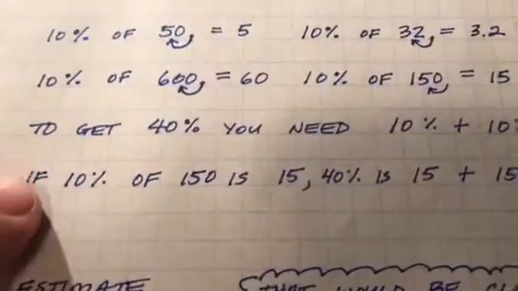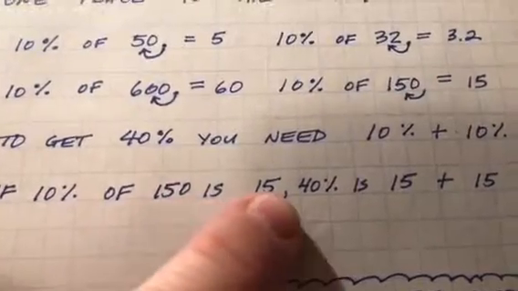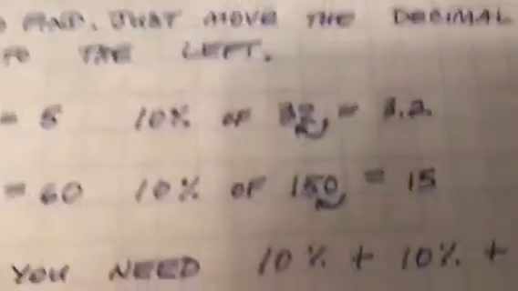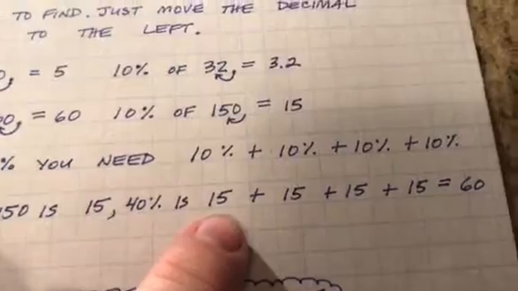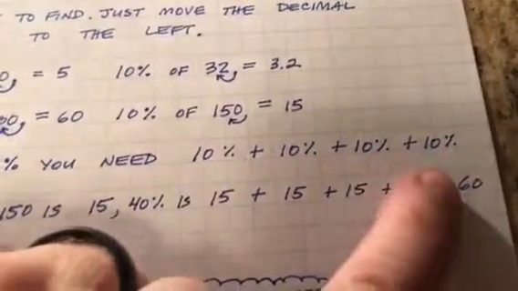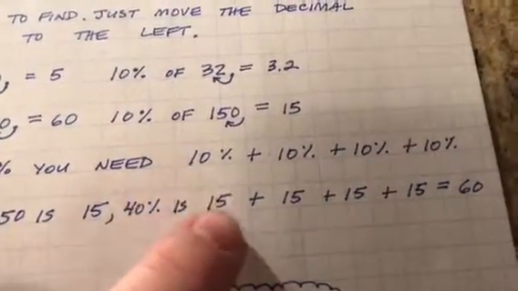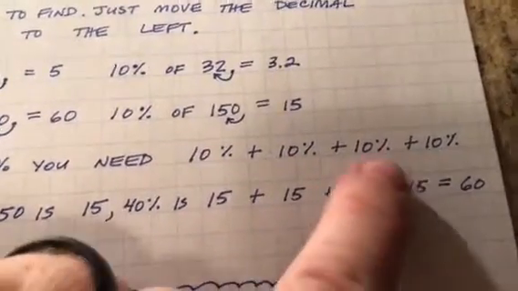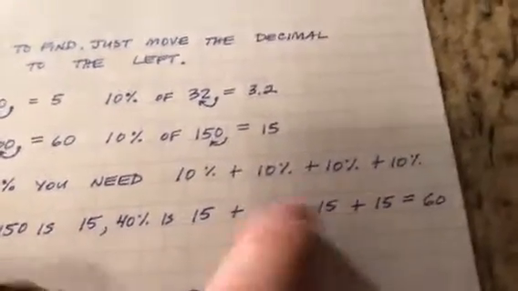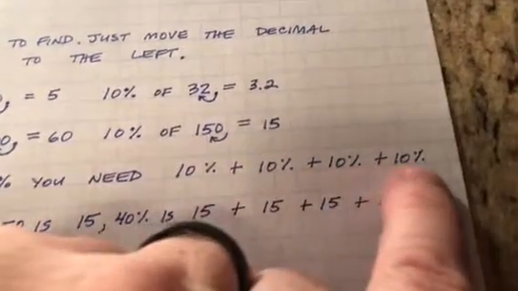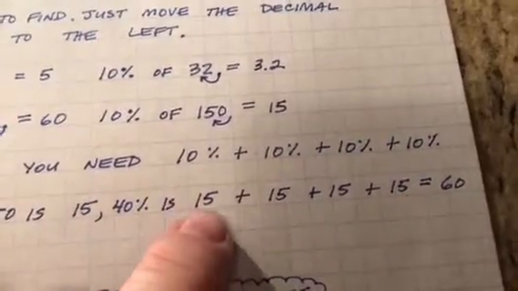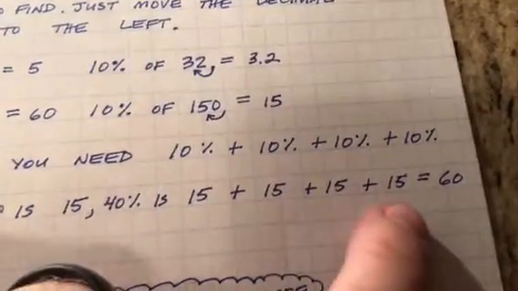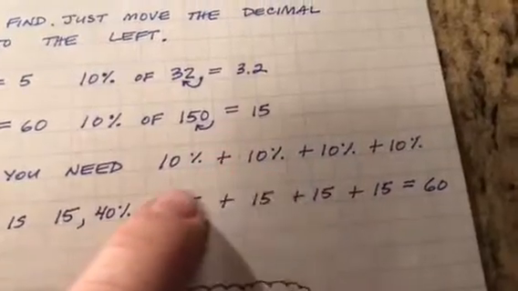Well, if I already know that 10% of 150 is 15, because I moved the decimal place one to the left, and I have 40%, 10, 20, 30, 40, that means this 10% has 15, this one has 15, this one has 15, and this one has 15. That's my 40% broken down into 10% pieces. Here's my 60 broken down into 15, 15, 15, and 15 that go with each of those 10%.